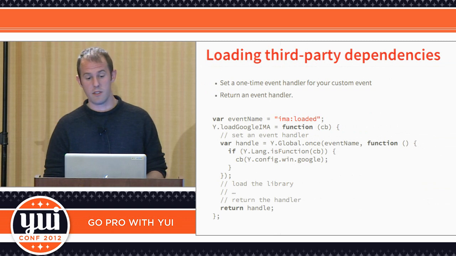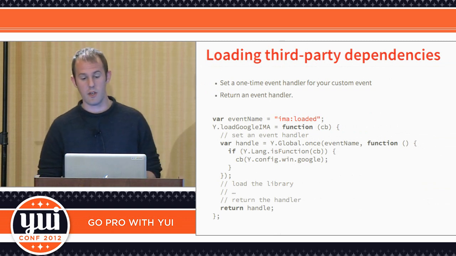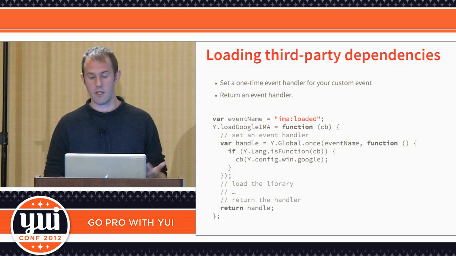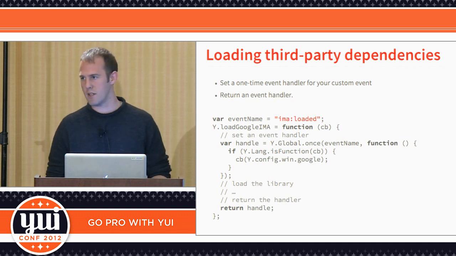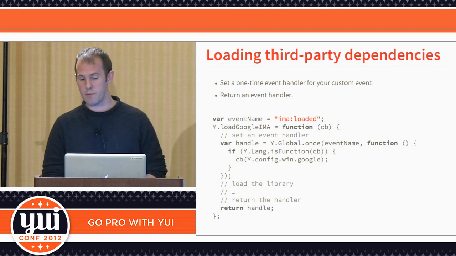And the way that we actually built this was using YUI's event infrastructure and specifically the Y.Global instance. Y.Global is shared between every instance of YUI that's created on the page. And so what we listen for is when this IMA loaded event is fired, we call the callback that's passed into the function.